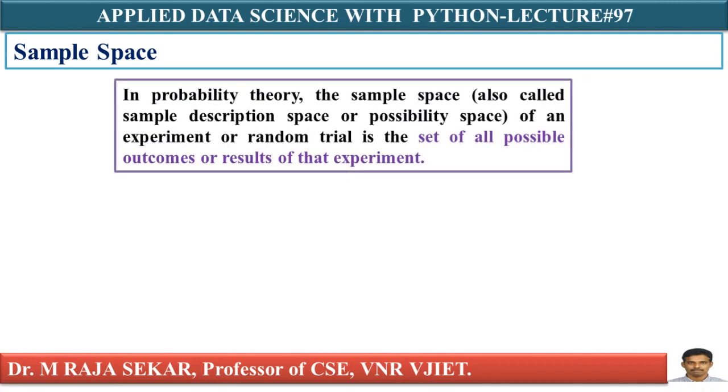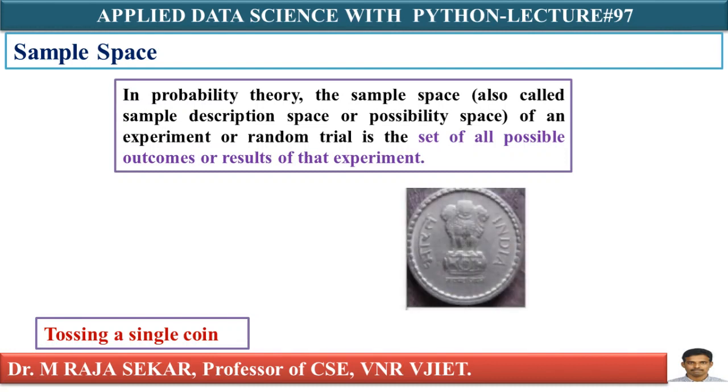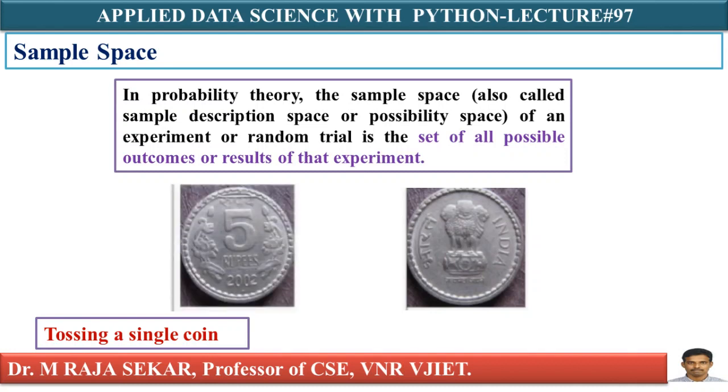Now we will try to understand what is sample space. Sample space is set of all possible outcomes of a random experiment. For example, consider tossing a single coin. This is a random experiment. Why? Because we know all possibilities in advance. If you toss a single coin, you may get head or you may get tail. There are 2 possible outcomes, isn't it?